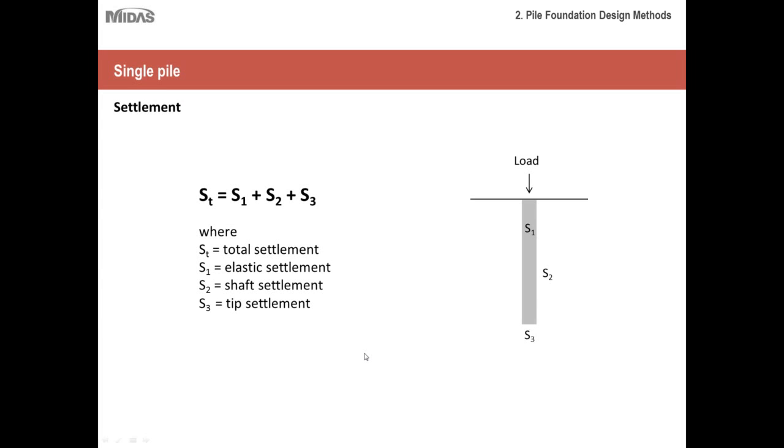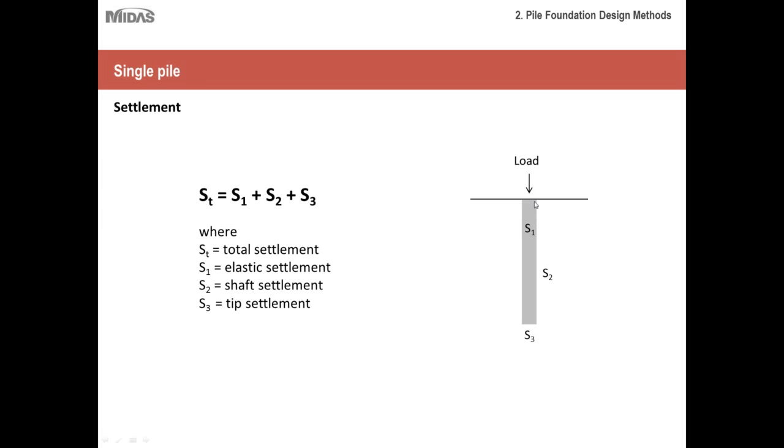Then let's talk about settlement. As you can see, settlement of a pile is comprised of three types of settlement. S1, which is the elastic settlement. This means when the load is applied, the material, no matter if it's concrete or steel, will undergo elastic settlement. Then S2, which is the shaft settlement.